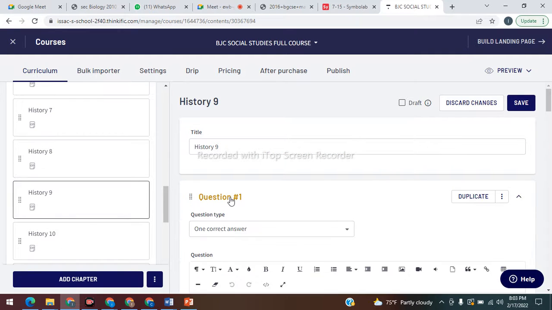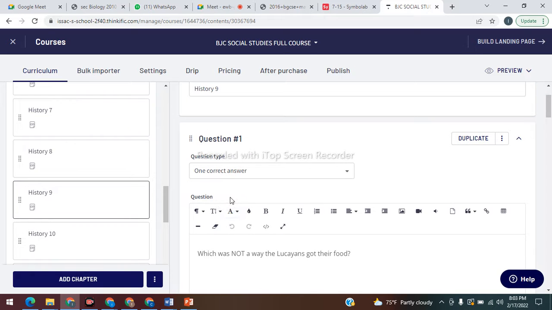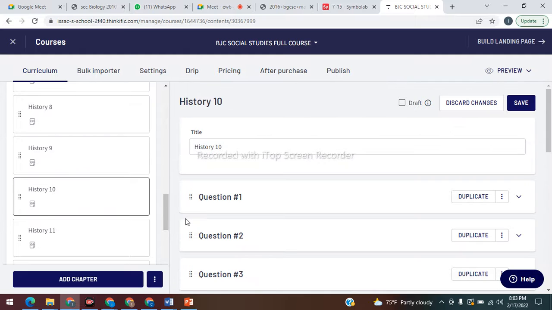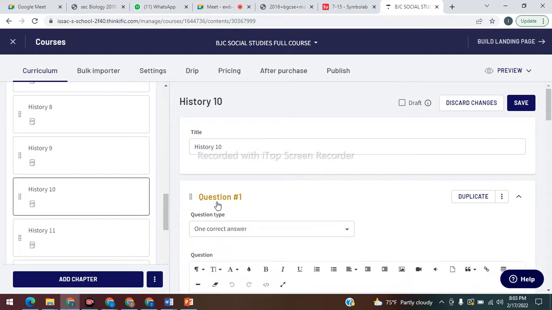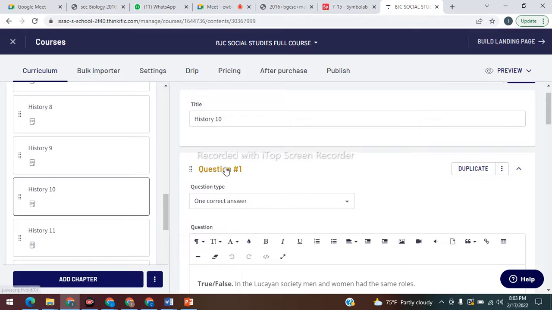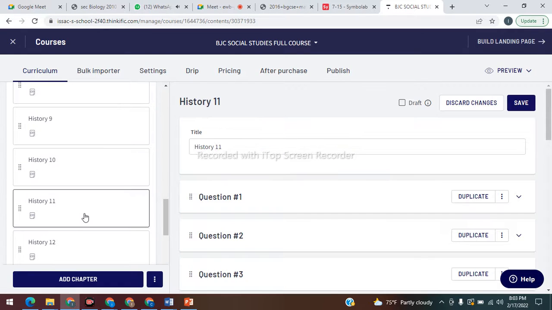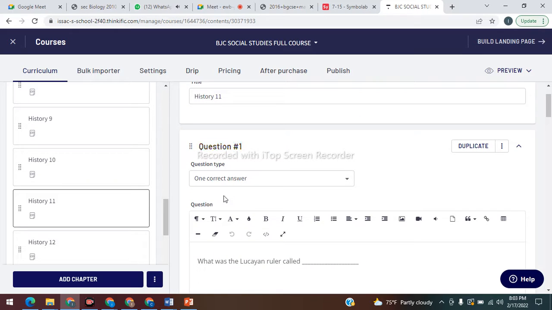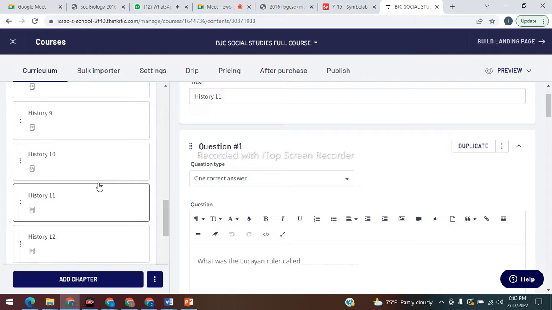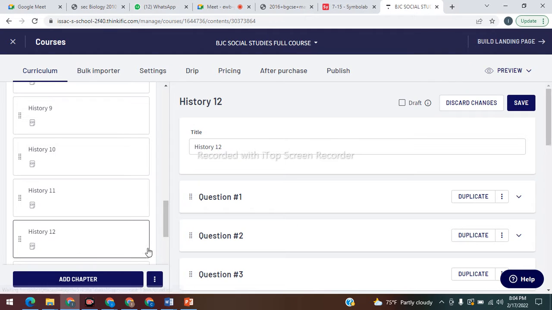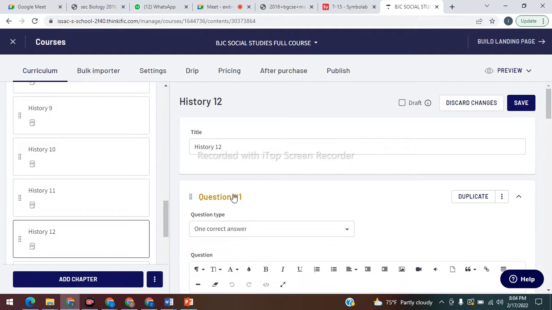Did he have power to punish or pardon? Yes, he had power to pardon. What else? How about determining when they went to war and when it is time for peace? Yes, he decided when they went to war.